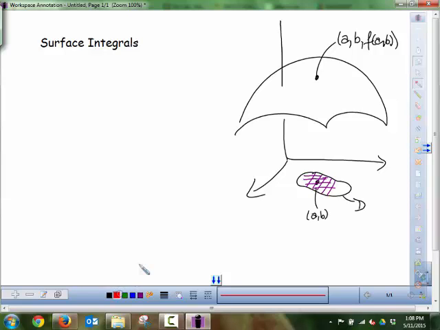And then, very small here, would be two vectors. I'll try to draw it, one in red and one in blue. That would correspond to tangent vectors up in space.